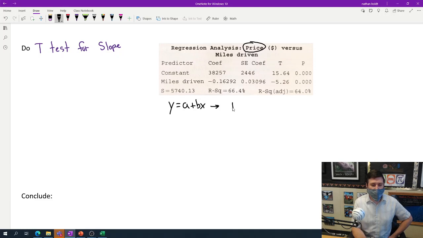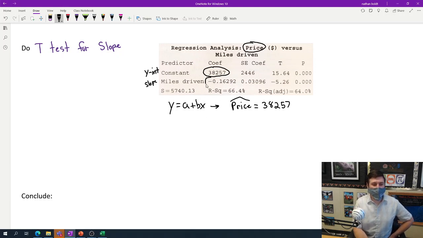So this is going to be price, or the predicted price, put a little hat on it. The predicted price is equal to our a, our y-intercept, which is the constant right here, 38,257. And our slope, that is the miles driven, that's the variable.